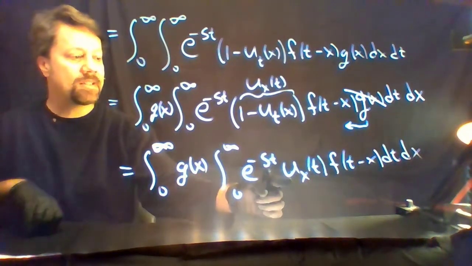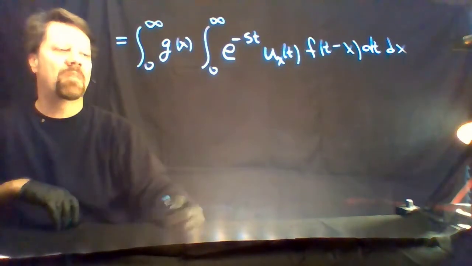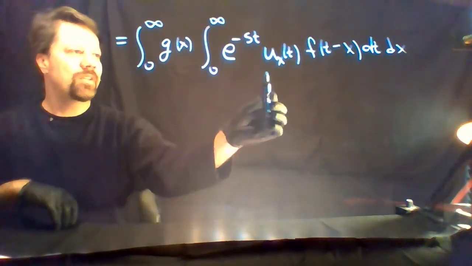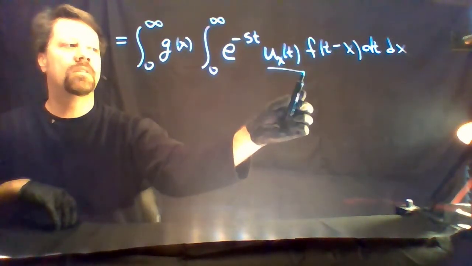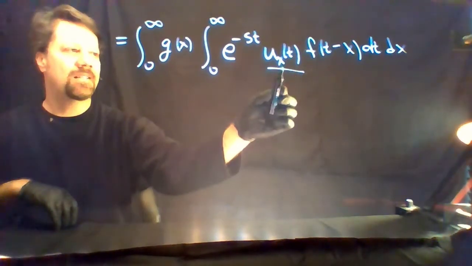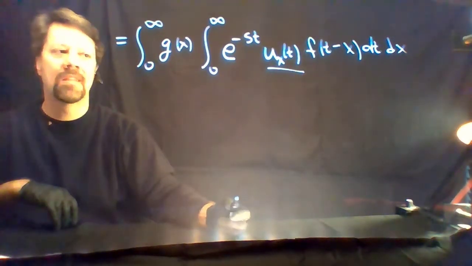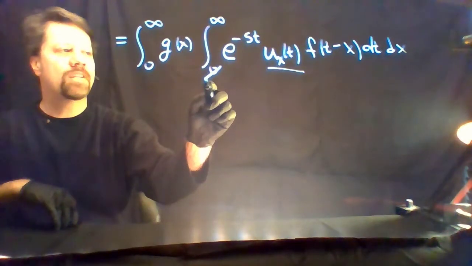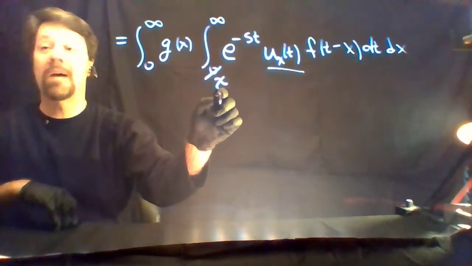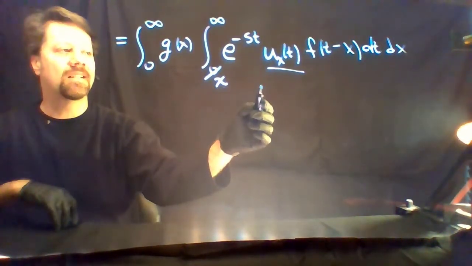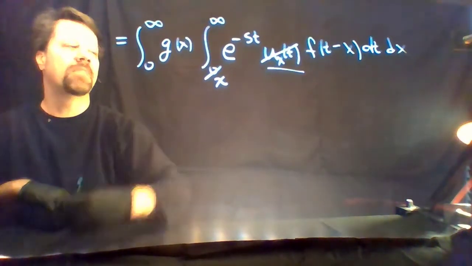Now, because I've written the integral up here, you can see that this function is 0 until t is greater than x. So, in other words, we may as well replace the lower limit of integration by x, since it's 0 until it gets there, and 1 thereafter.